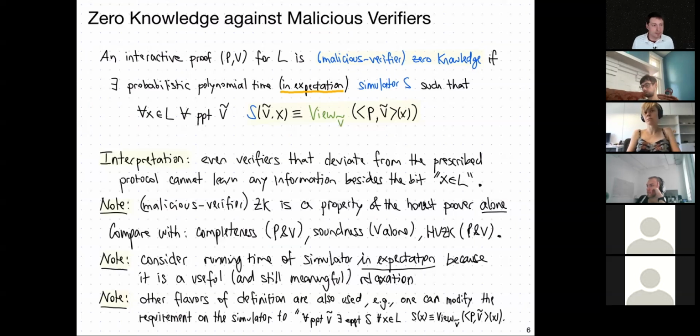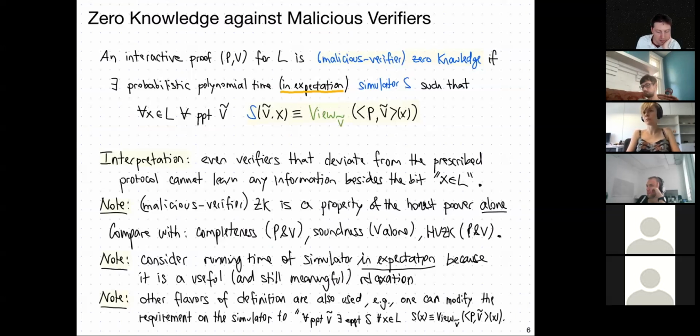So, yeah. Is the expectation over v tilde as well? Is the expectation over v tilde and x? Yeah, it's over everything. So what if there was a single v tilde that you can only simulate in exponential time?